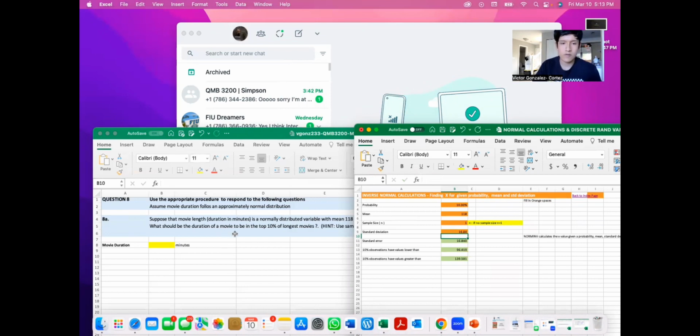So we're looking for the top 10% longest movies, so it has to be greater than 10%. 10% of the observations must be greater than this. So this would be our answer here.